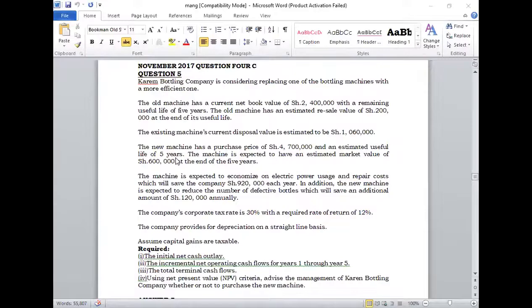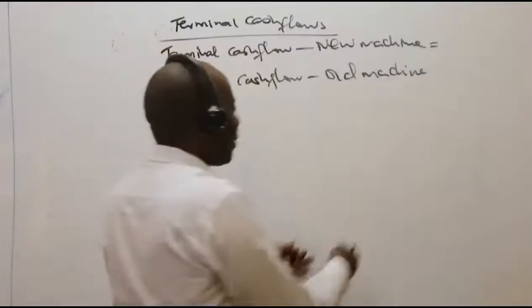You can see the scrap, ladies and gentlemen, is 600. I hope you're able to see the machine. This new machine, the terminal cash flow is 600. Thank you very much.